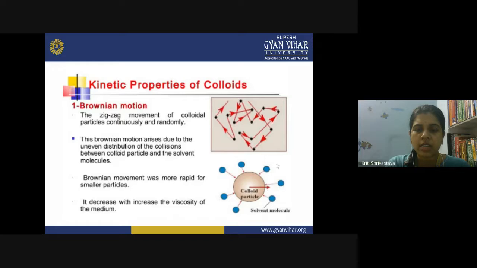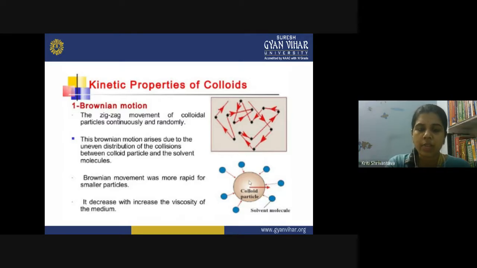So here in this diagram, you can see the actual reason for the Brownian motion. This is the colloidal particle, and it constantly collides with the solvent molecules. And in addition to the solvent molecules, it is also colliding with the other colloidal particles.